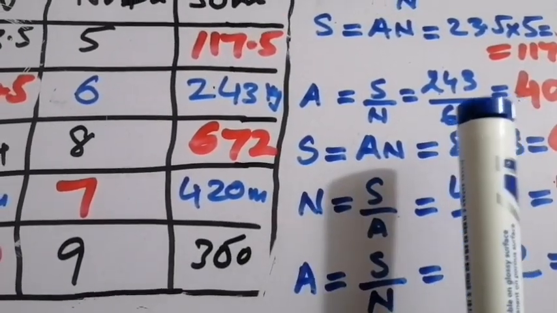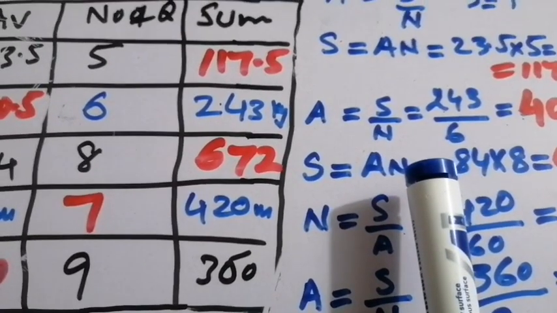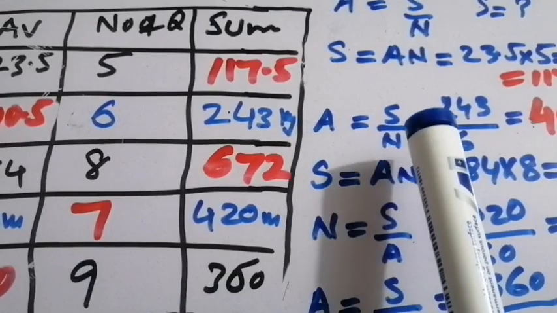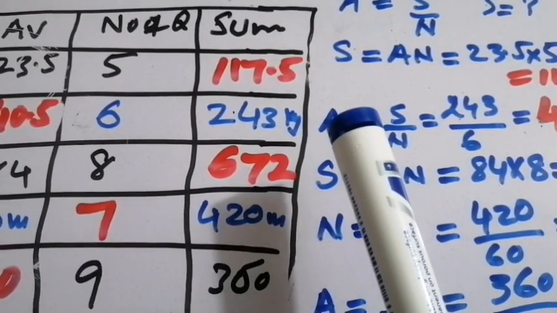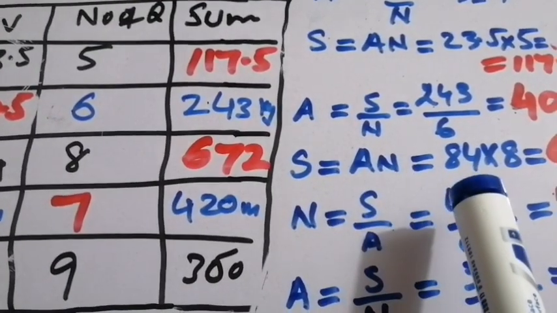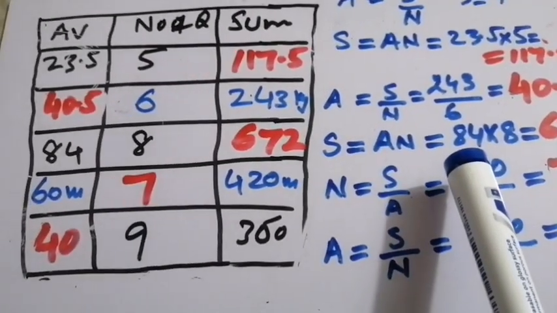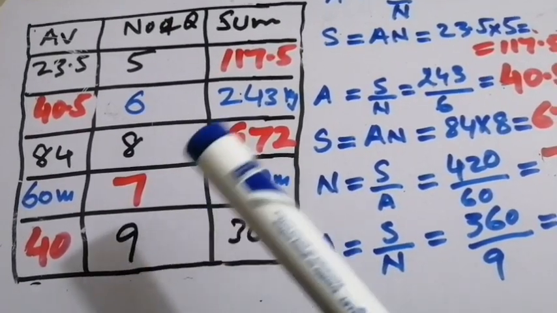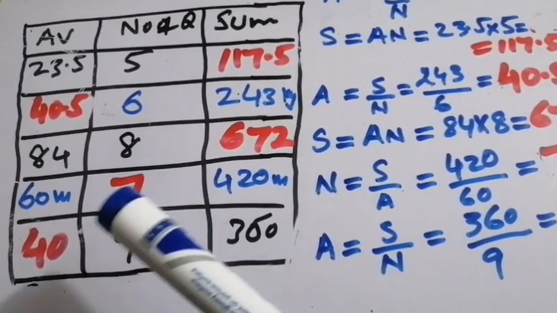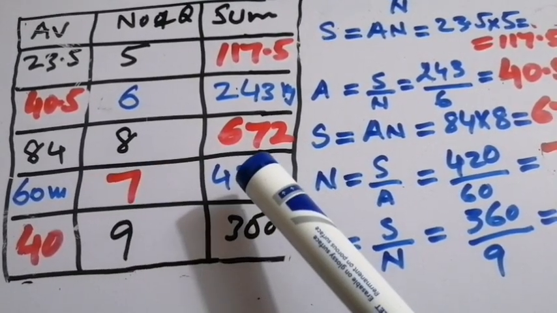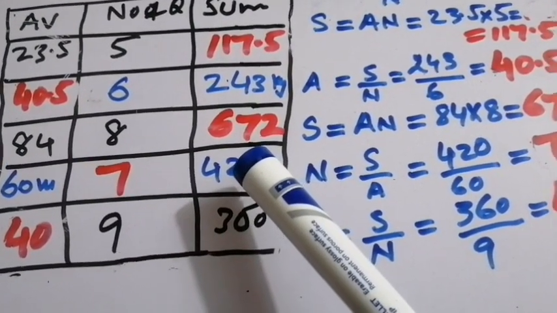A is equal to S over N. We have to find out the S, so we will multiply by N on both sides. So S is equal to A into N. A value is 84 and N, the number of quantities, is 8. When we multiply 84 by 8, it gives us 672.